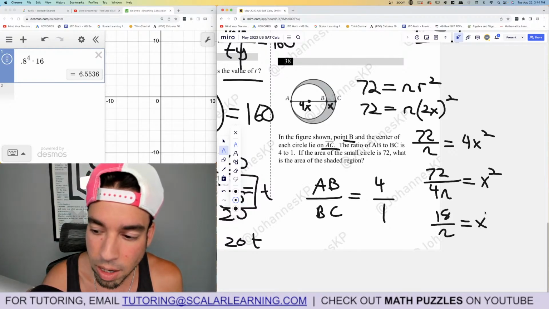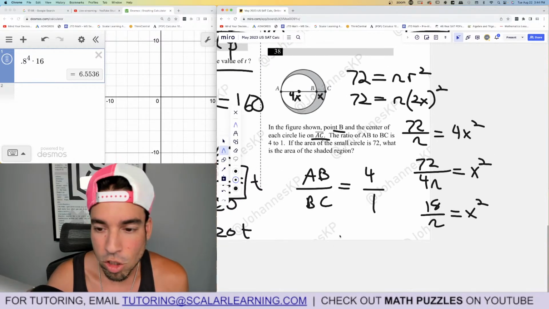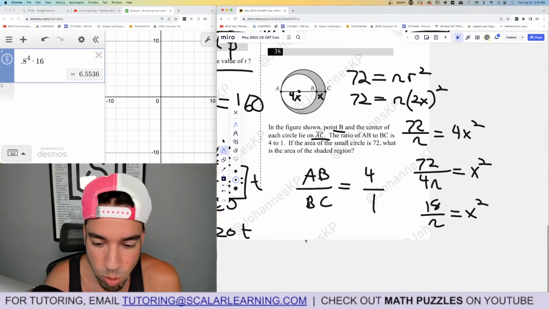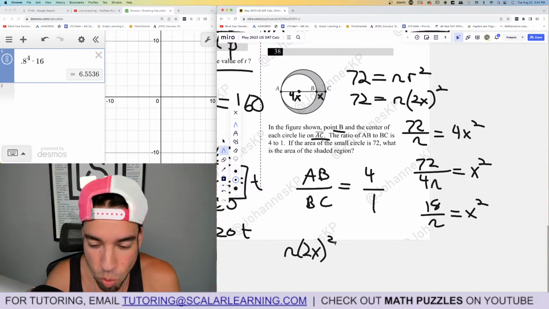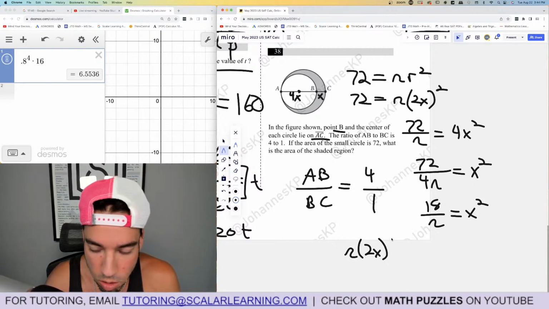It's x squared. Okay, now we can do something with this because, all right, so if the little circle has a radius of 2x, which we already figured out, right? So pi r squared. Wait, let's move it over. Hold on. Pi r squared.